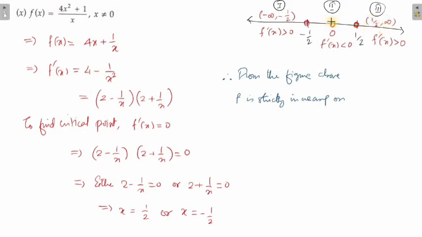In these two intervals the function is strictly increasing, so I need to take their union. So we have minus infinity to minus half union half to infinity.